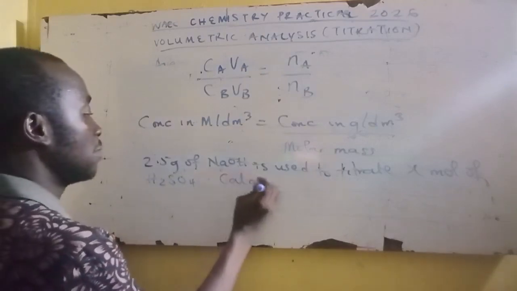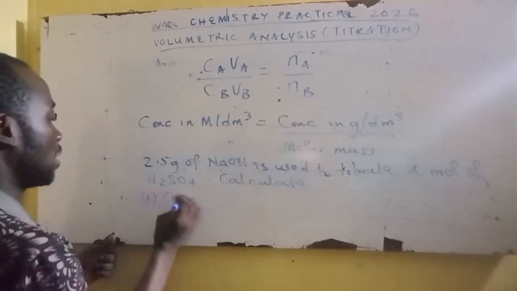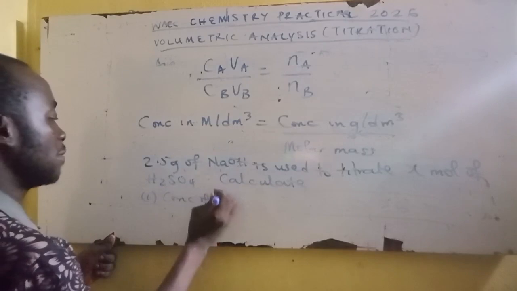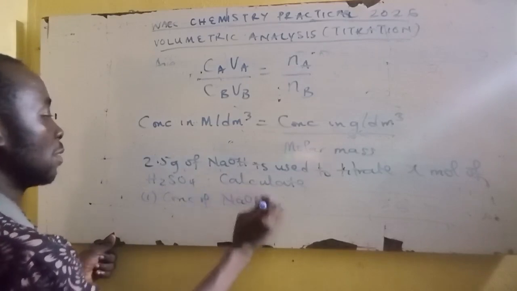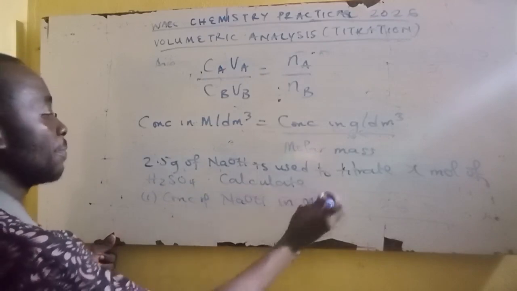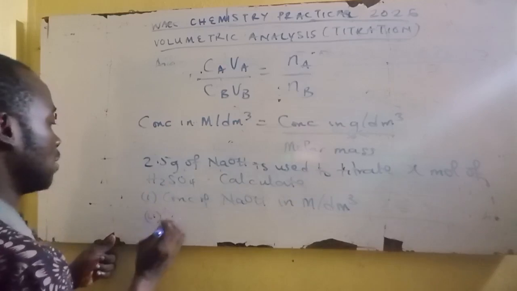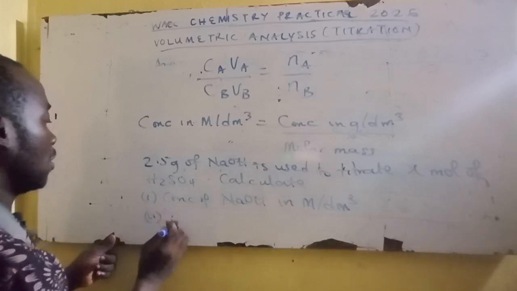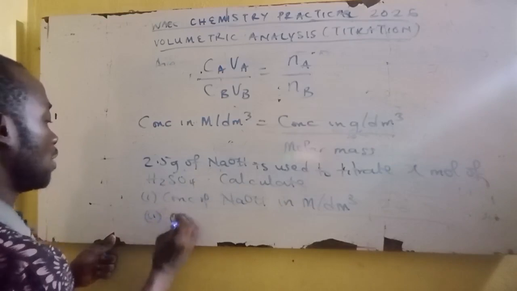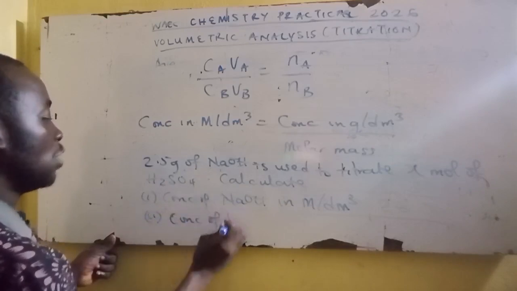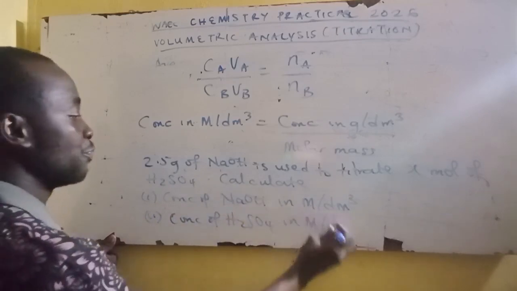Calculate one, the concentration of base, NaOH, in moles per dm cube. You can also tell us to calculate the concentration of H2SO4 in moles per dm cube.